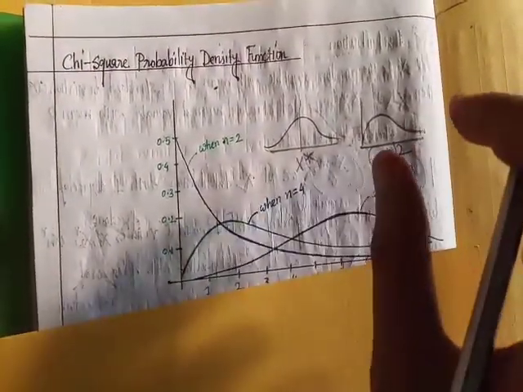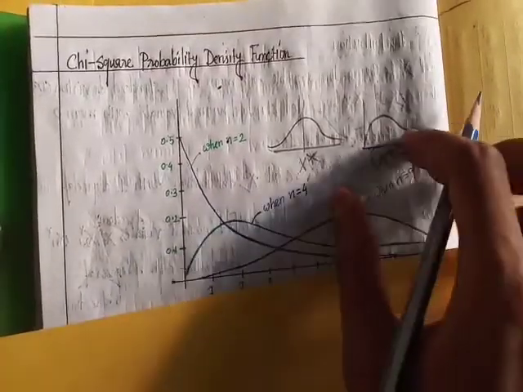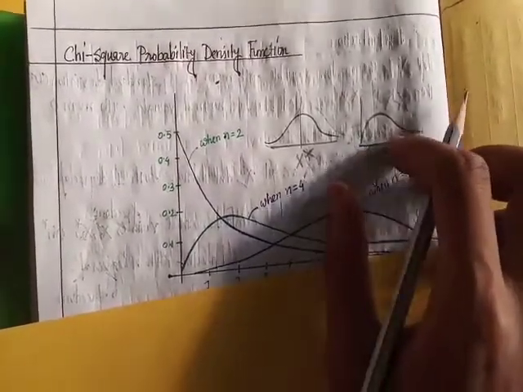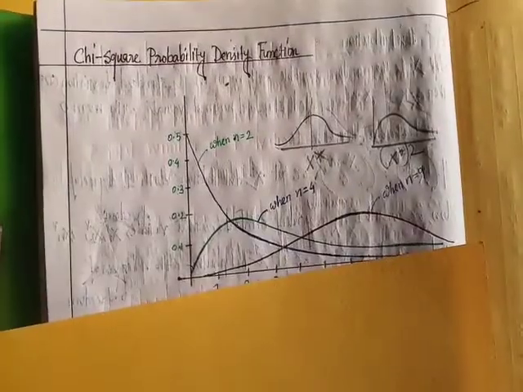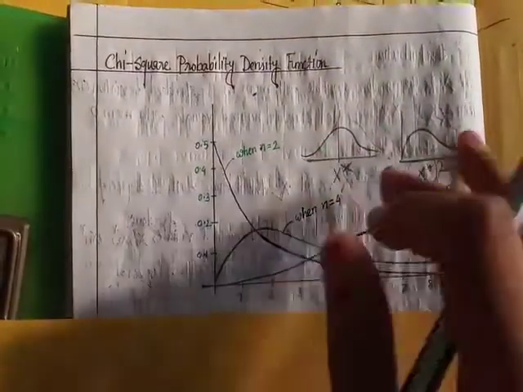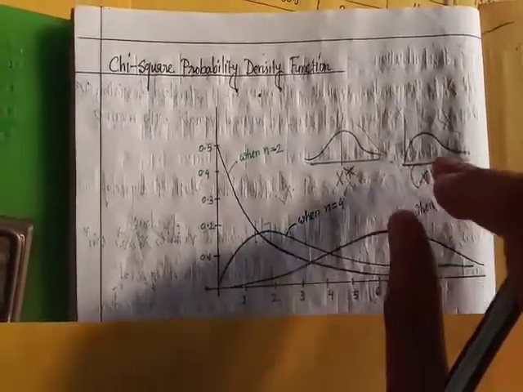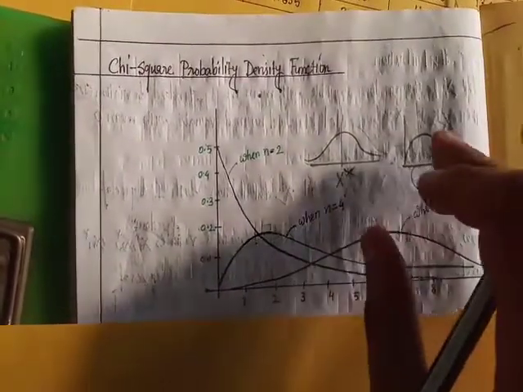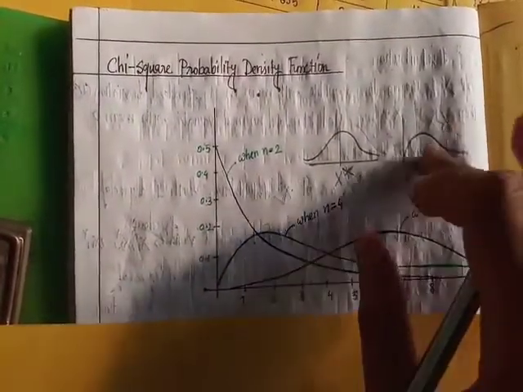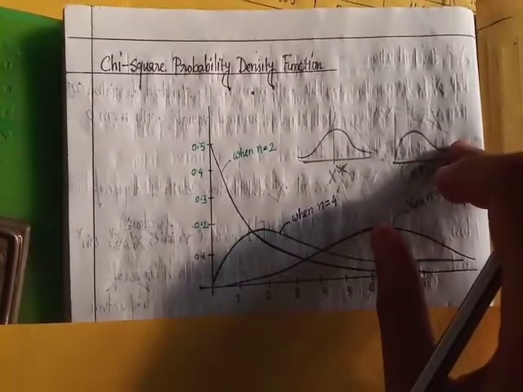So this is the chi-square density curve. They are different. This is the standard normal density curve, and this is the curve of the square of the standard normal, which is the chi-square density curve.